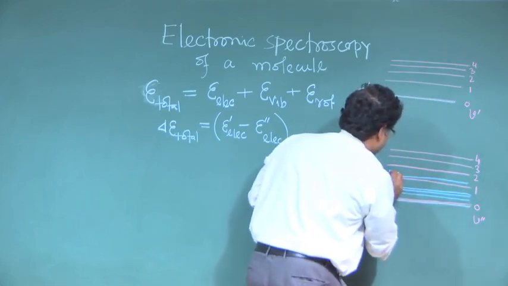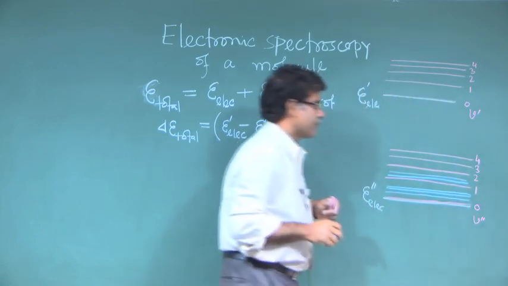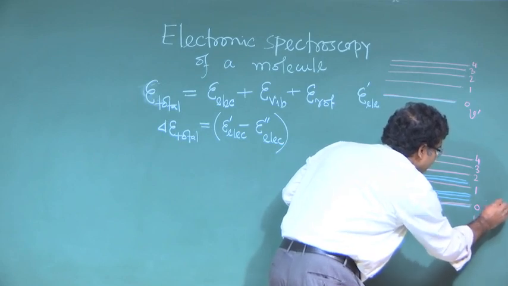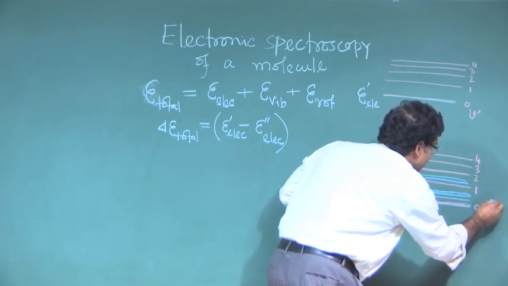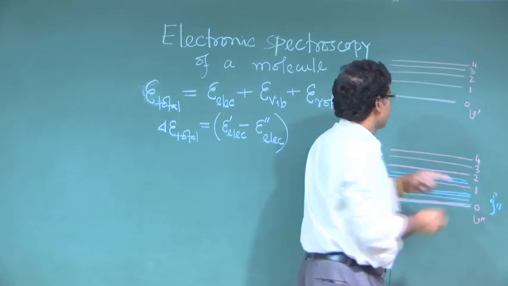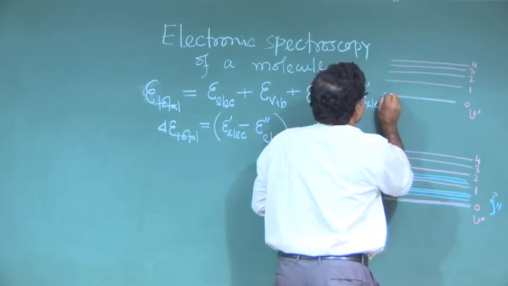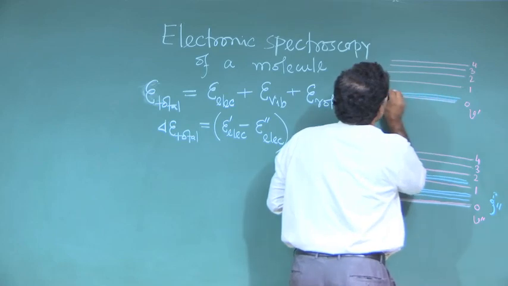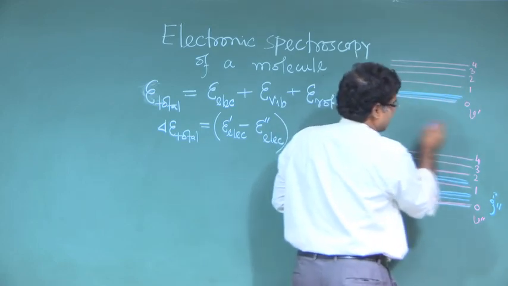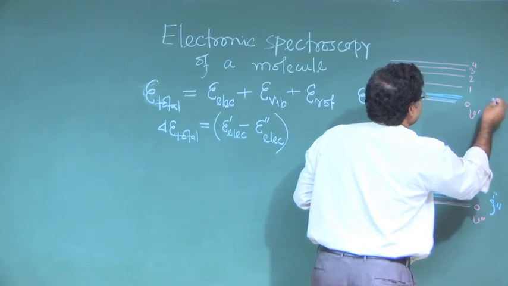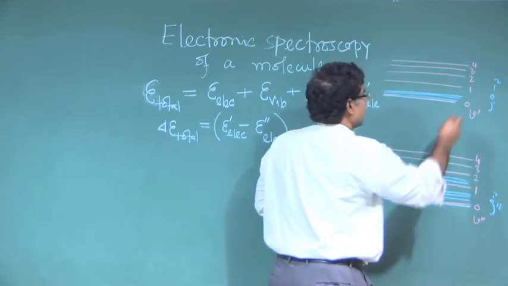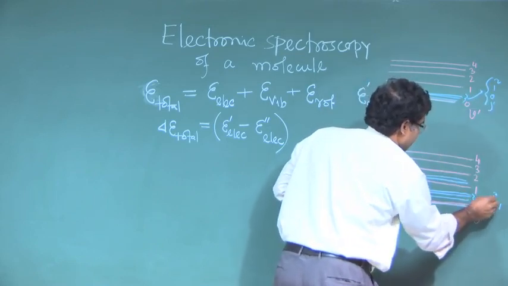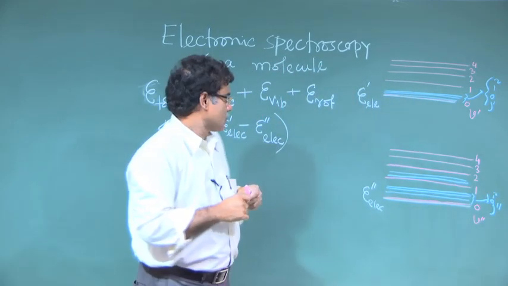Each vibrational level will be associated with rotational energy levels, so one can write J double dash equal to 0, 1, 2, etc. Similarly, here also there will be rotational energy levels, J dash, that is 0, 1, 2, 3, etc.